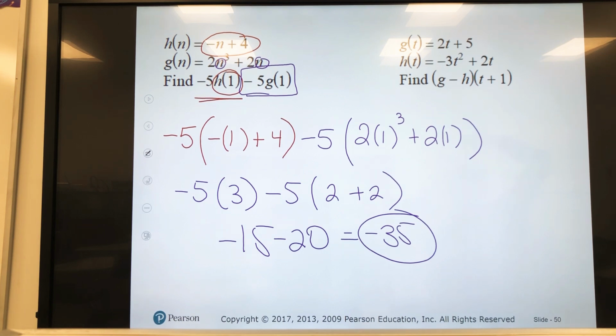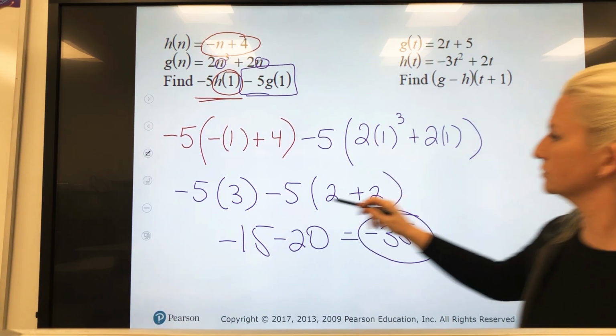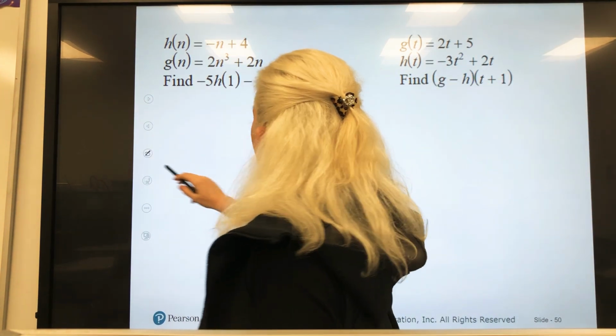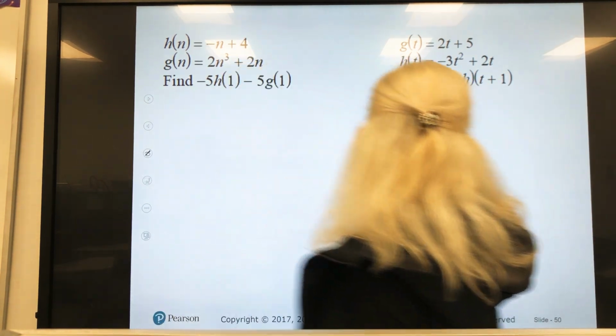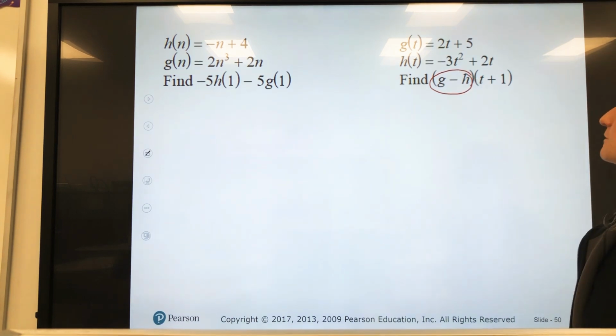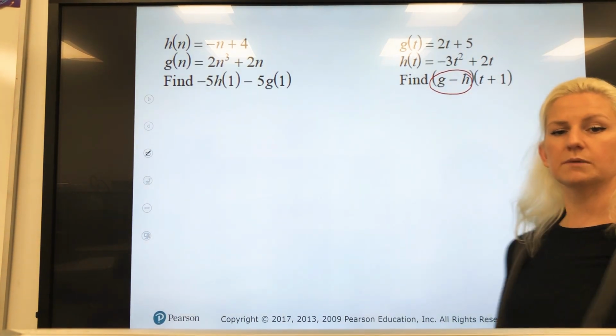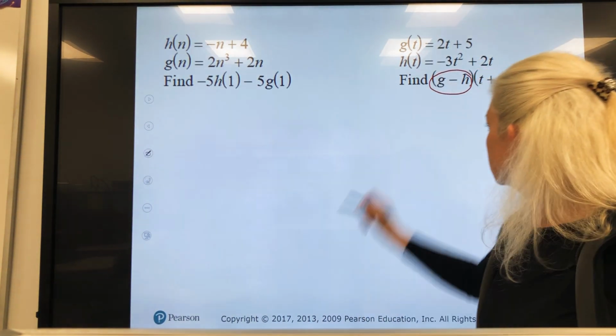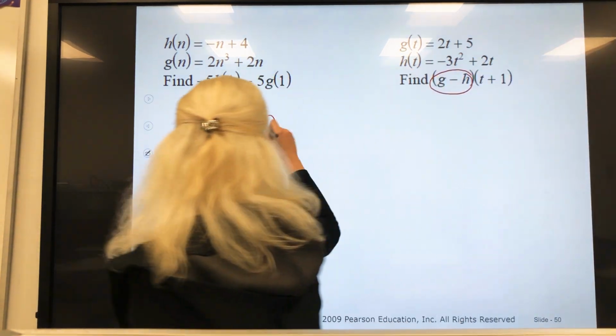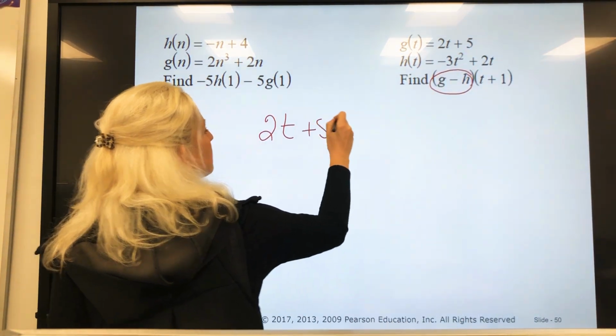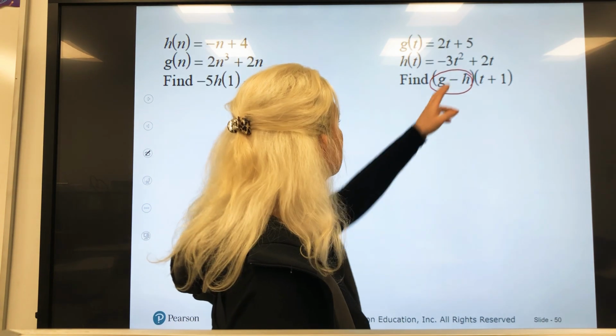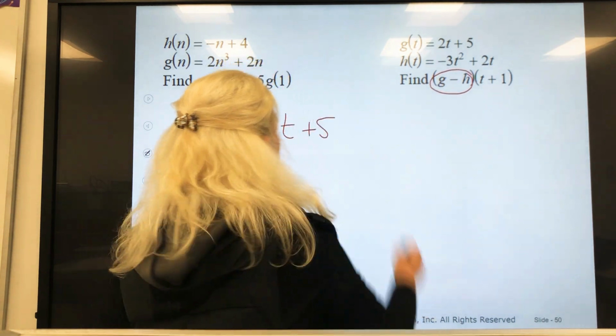All right, last one here. So I'm going to do g minus h first, and then I'm going to substitute in a t plus 1. So g minus h, so that's 2t plus 5. I'm minus h, I'm sorry, I said x. 2t plus 5, there's g.